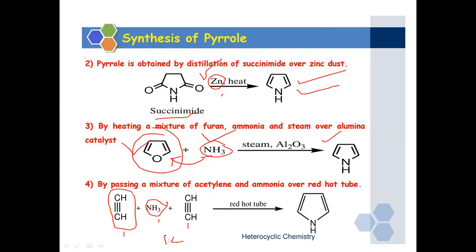When it is passed through a red hot tube, it converts into the pyrrole compound. Okay, so in this way you can synthesize pyrrole by using succinimide, by using furan, and by using acetylene.